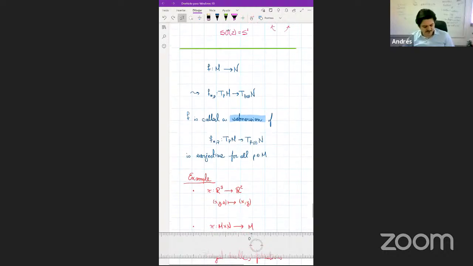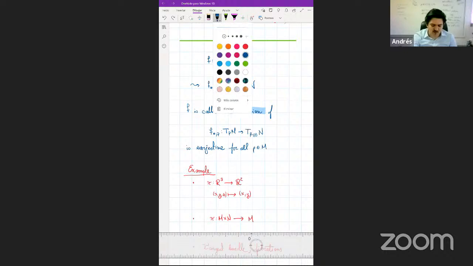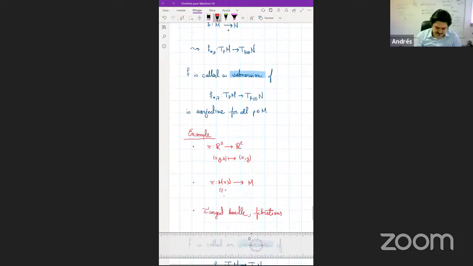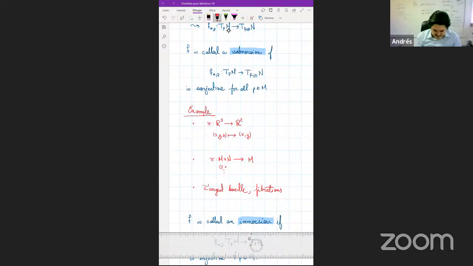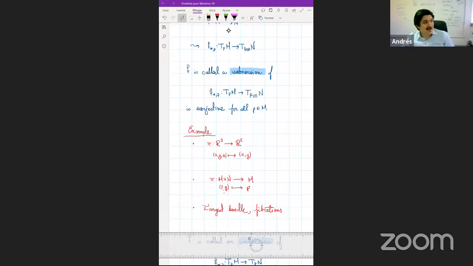More generally, there is this map, the projection, the one that you study in one of the homework problems. Another example of a submersion is the tangent bundle and fibrations.